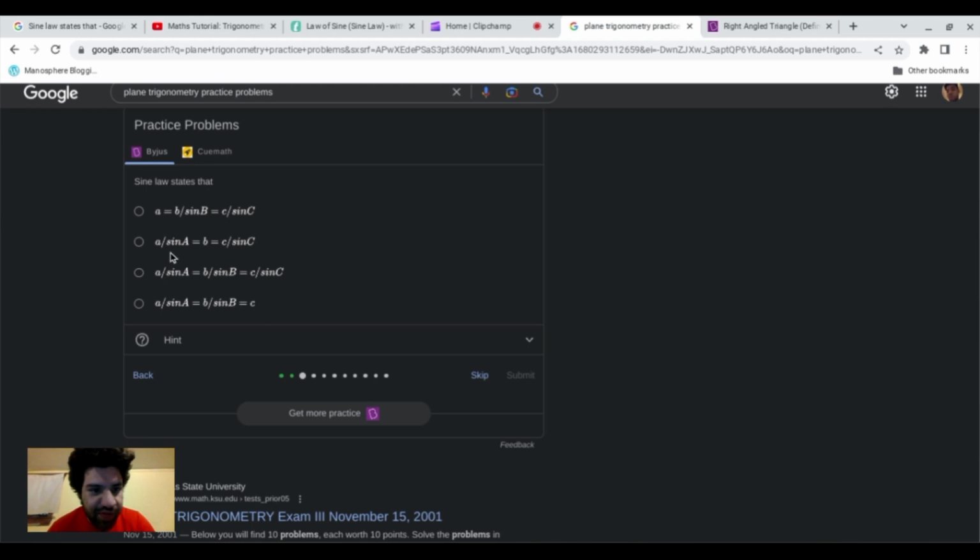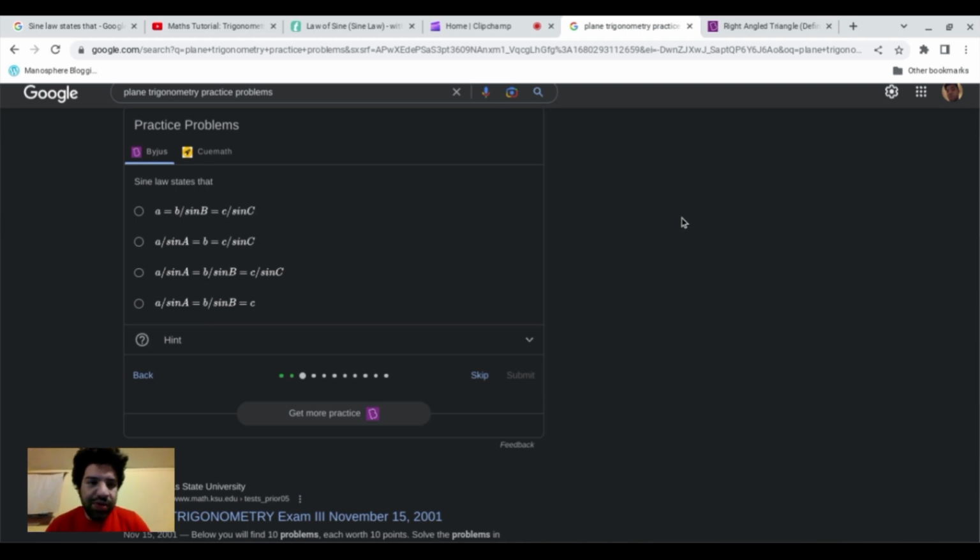Or is it A divided by sine A equals B also equals C divided by sine C? Or is it A divided by sine A equals B divided by sine B equals C divided by sine C? Or is it also A divided by sine A is equal to B divided by sine B equals C?